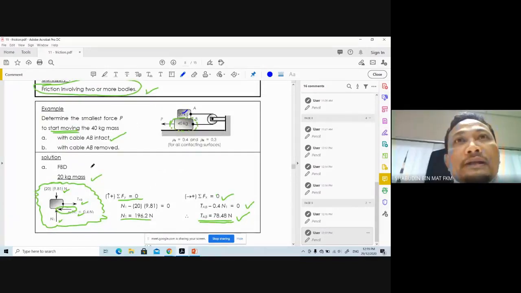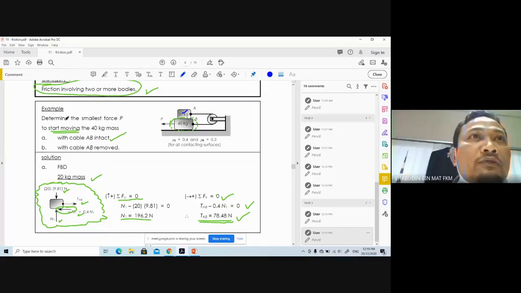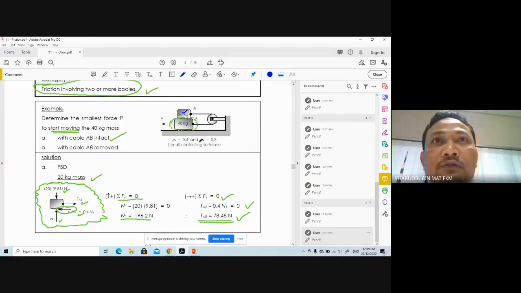Consider it static. They give you mu k to trick you. Mu k is not used at all.